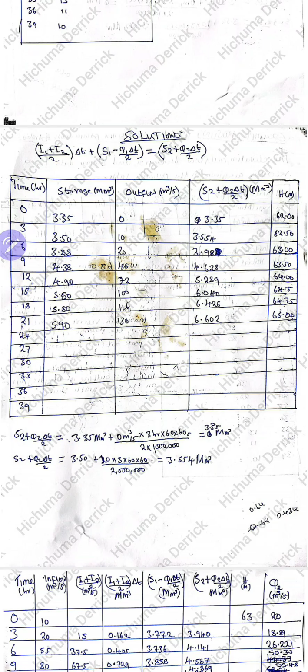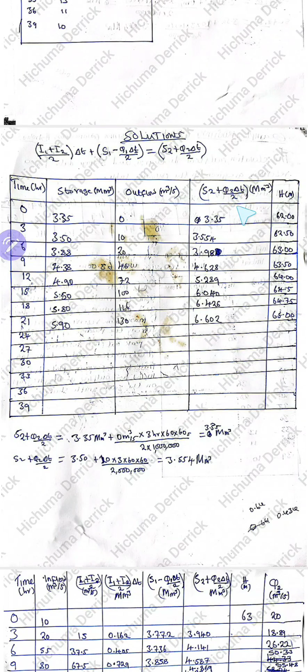Now the first thing that you want to do is to create the relationship between storage, outflow, and time. In other words, you need to come up with an indicative storage, this one here. In most cases you may not be given it, but sometimes you may be given.